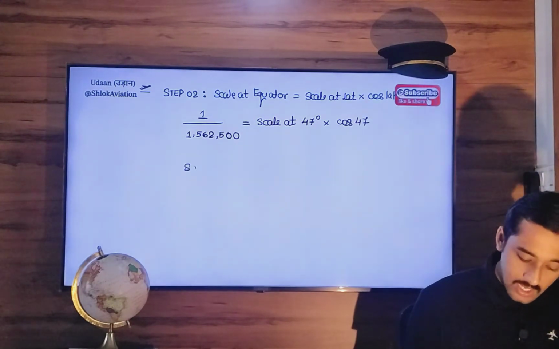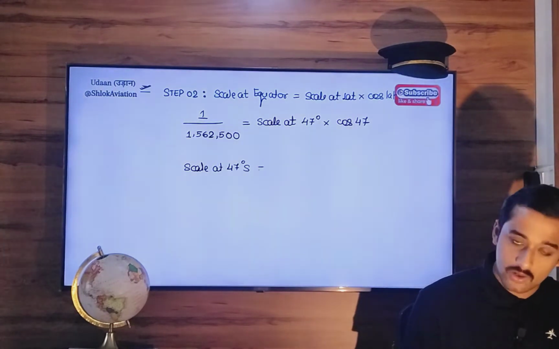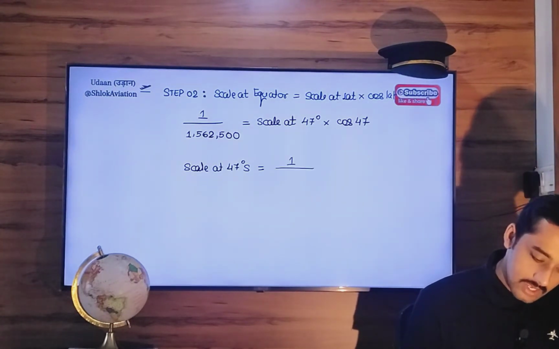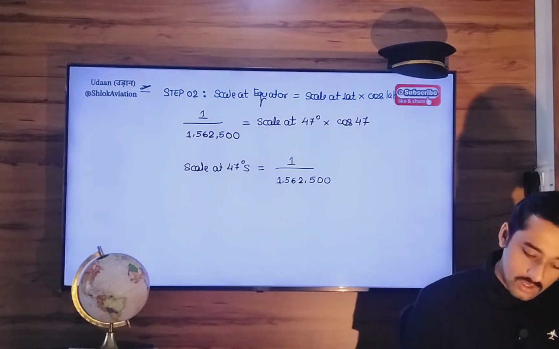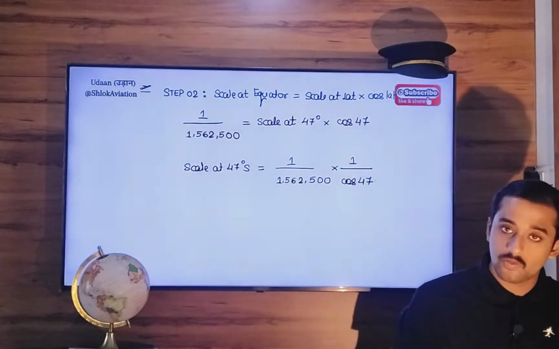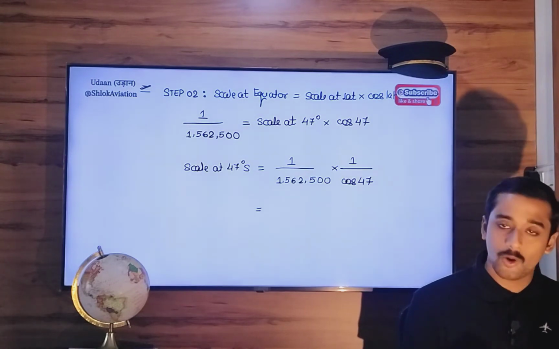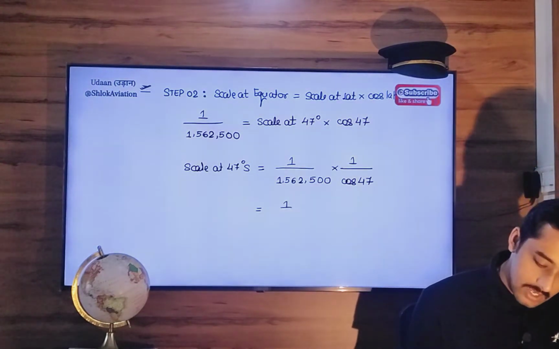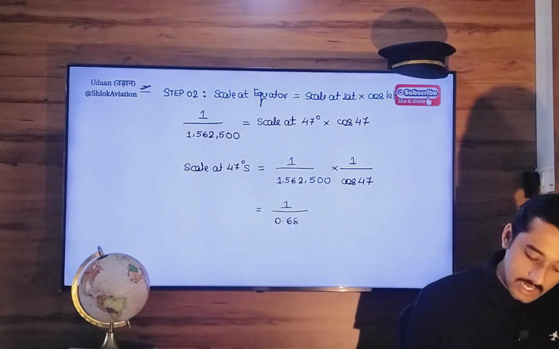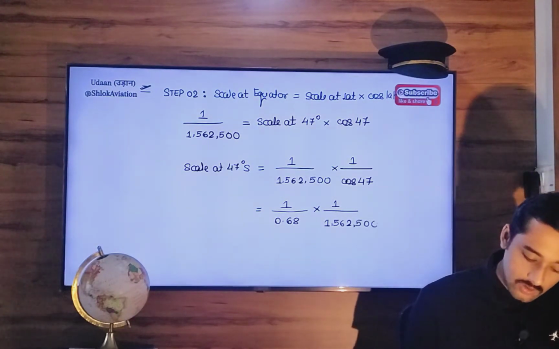Cross multiply. Scale at 47 degree south latitude will be equal to 1 divided by 1562,500 into 1 divided by cos 47. Now what is cos 47? 0.68. So 1 divided by 0.68 multiplied by 1 divided by 1562,500.